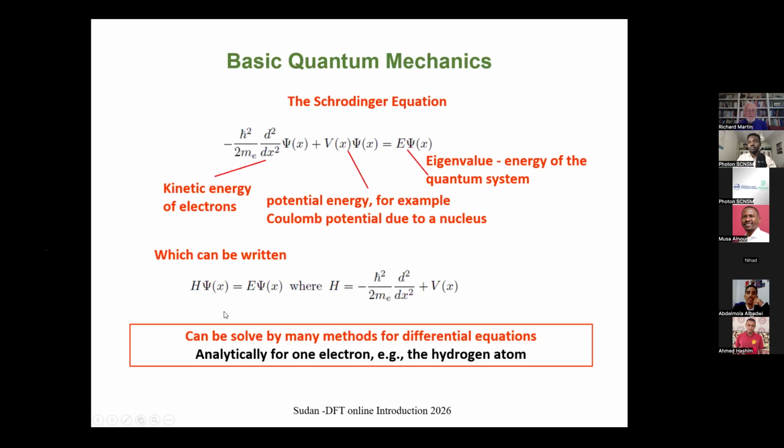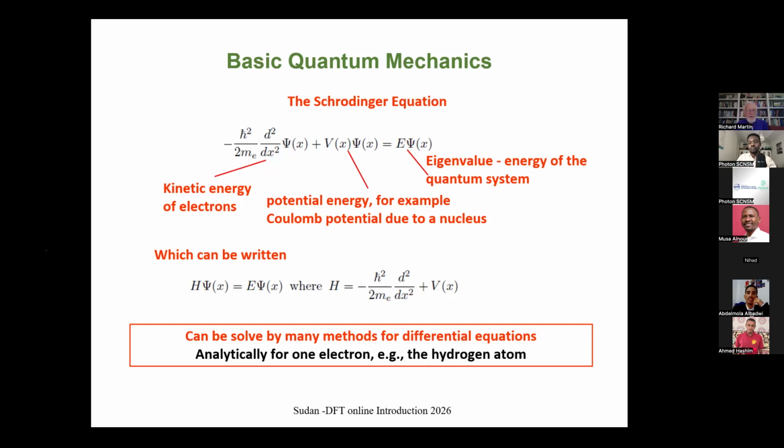So let's start. The basic quantum mechanics, and this will be the start of this workshop as well, is the Schrödinger equation. There are other ways to look at quantum mechanics, so this is not meant to be all the wonders of quantum mechanics, but it's a practical way to use quantum mechanics.